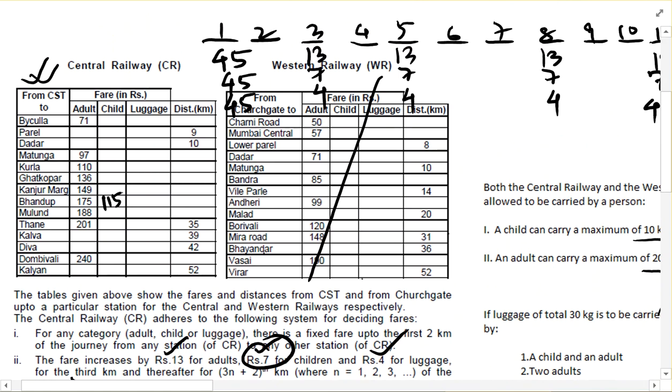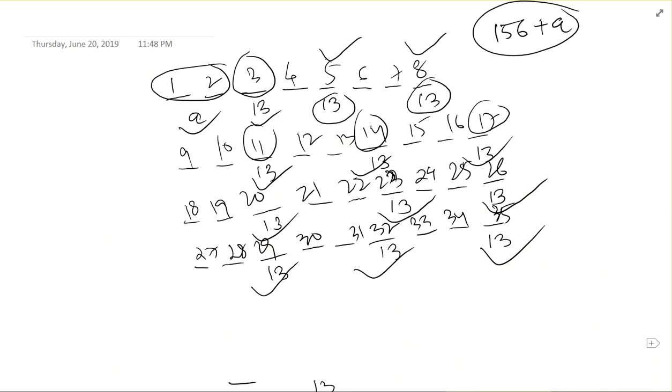And for luggage, 4 tens are 40, plus 45, it is 85. As we see, 13 tens are 130. We don't need to calculate the distance, but still if we want to, 29 kilometers will be the distance.